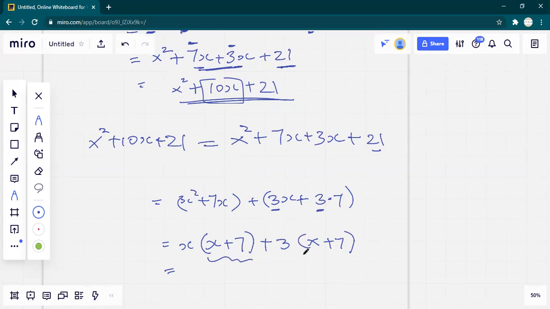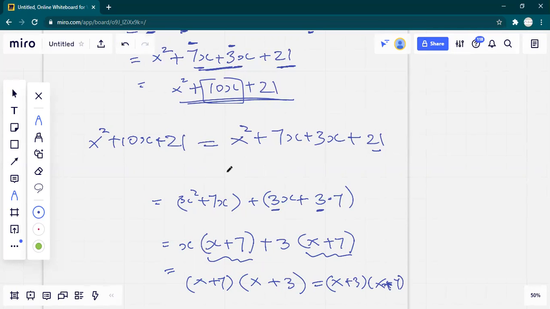Here x plus 7 is a common factor. We can take out x plus 7, times the remaining terms: x in the first term, and 3 in the second term. This is equal to x plus 3 times x plus 7. This is the original product we started with. So we factored x squared plus 10x plus 21 by reversing the multiplication process.